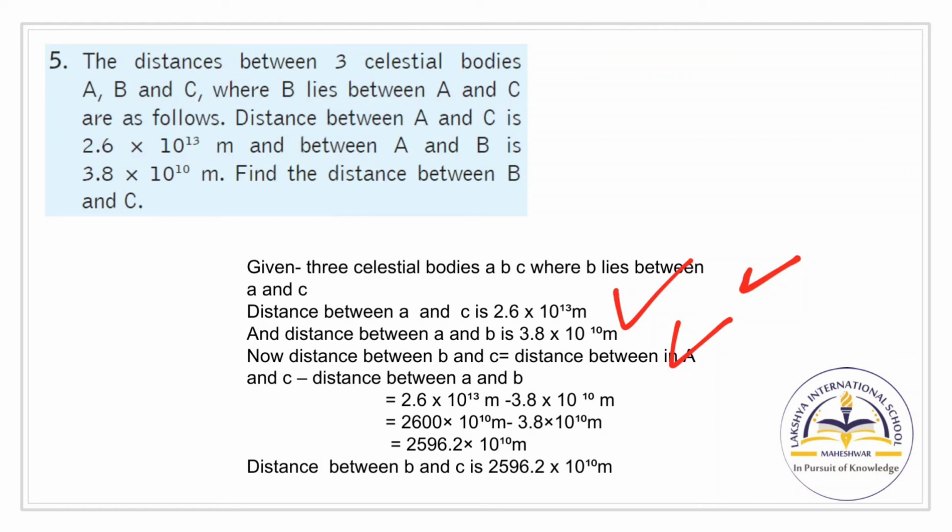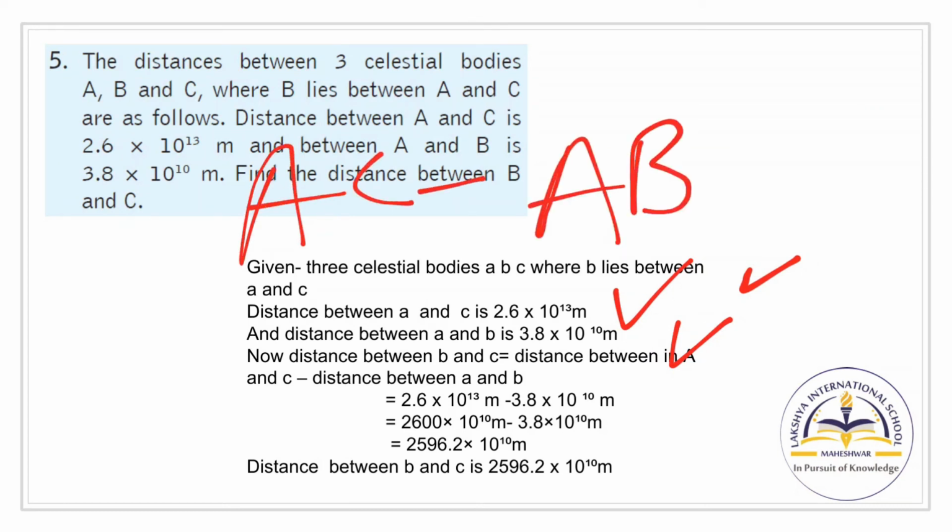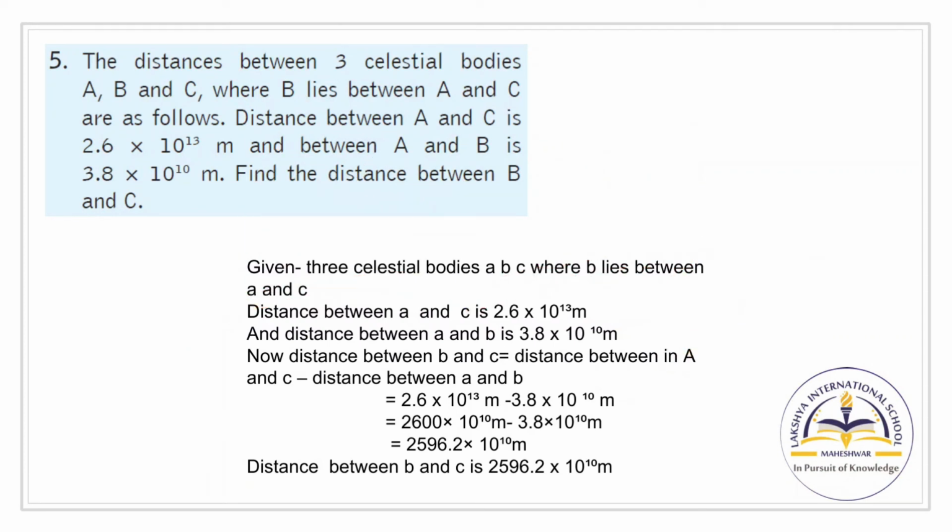So we just have to subtract them. We have to subtract AC minus AB, the distance between A and C and the distance between A and B. So 2.6 into 10 to the power 13 minus 3.8 into 10 to the power 10. First we will write them in usual form. Without usual form also you can solve in the standard form. So 2600 into 10 to the power 10. Why do we write this?